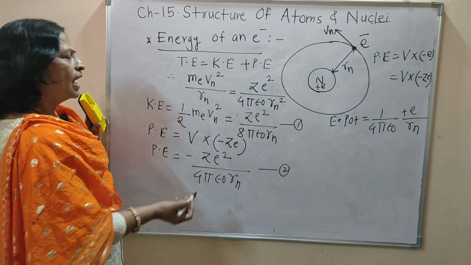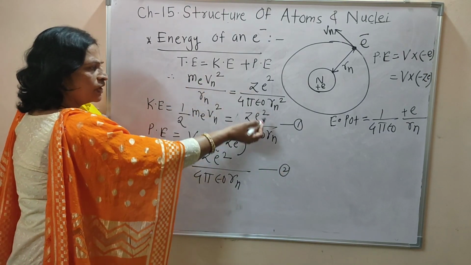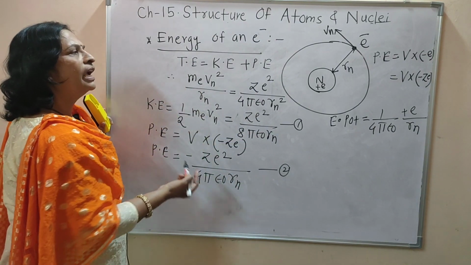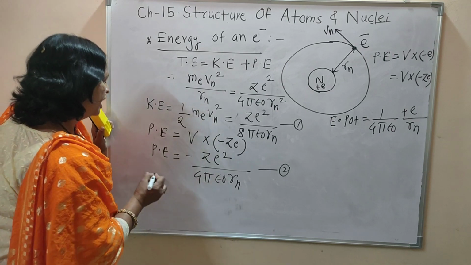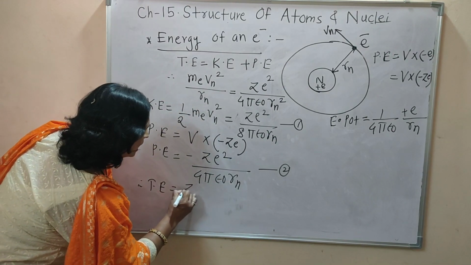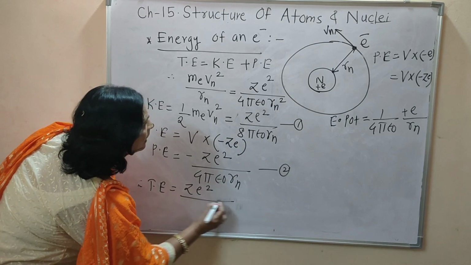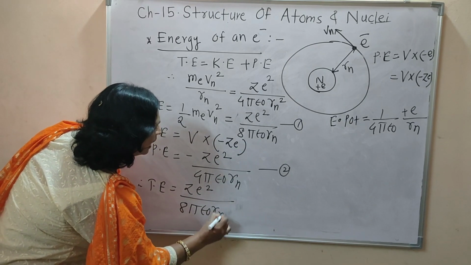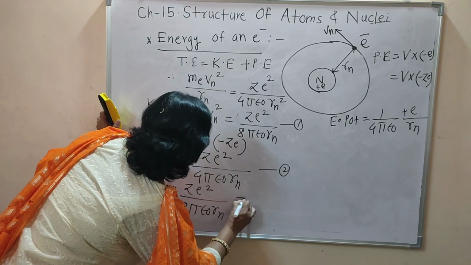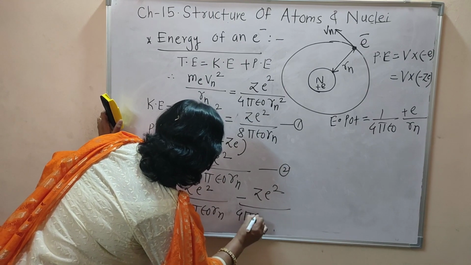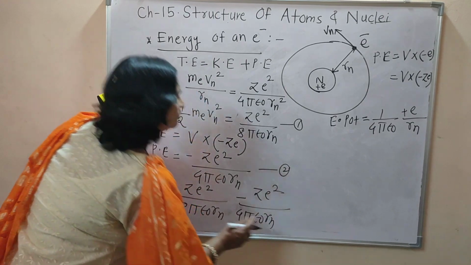Now we sum equation 1 and equation 2, which gives the total energy of that electron. Therefore the total energy becomes Ze square divided by 8 pi epsilon naught Rn minus Ze square divided by 4 pi epsilon naught Rn.